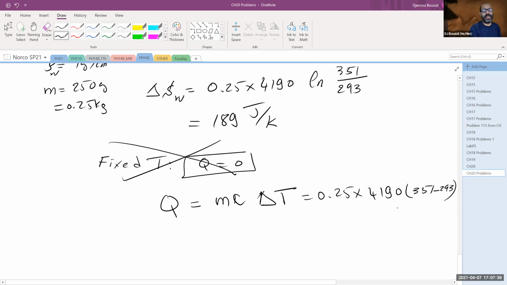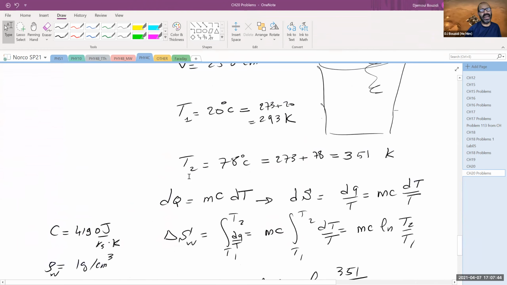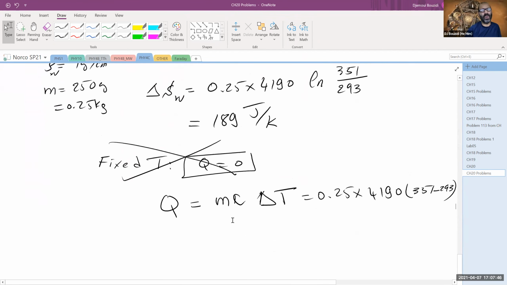So that is the amount of heat that this heating element has lost to warm the water, because the water must have gained heat. Where did it get it from? It got it from the heating element. That's the purpose of it, actually.